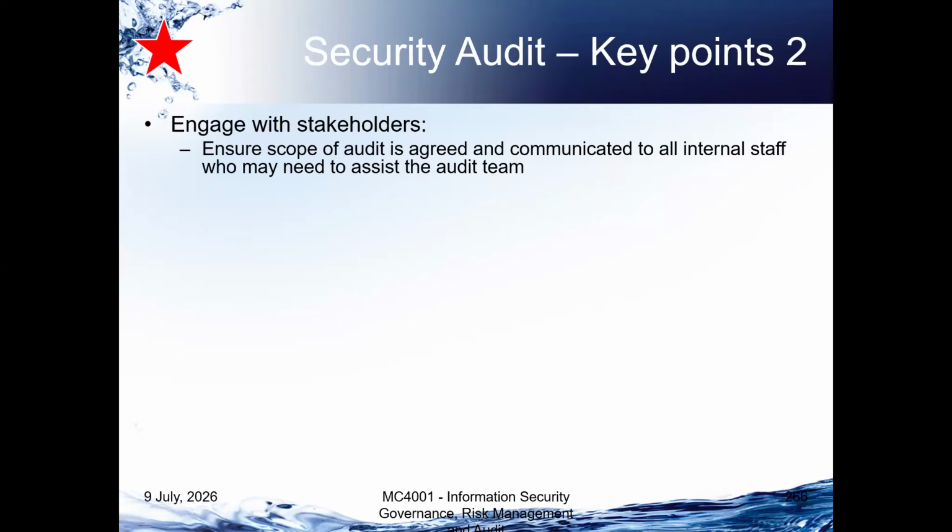I'm not saying the people who organized the audit, but a lot of staff might feel that this audit is done to check on them, to check whether anything they have done is wrong. That's not the case, so you need to communicate that information.